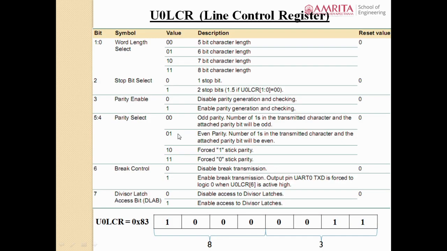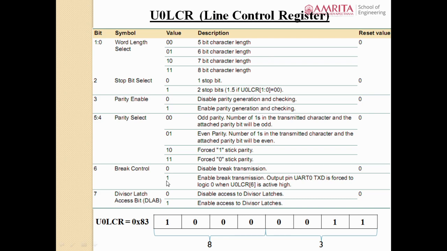For configuring these parameters, you use a register known as U0LCR, the UART0 line control register. If you are configuring UART1, you should take the UART1 line control register, U1LCR. Here I am using UART0, so I use the UART0 line control register.